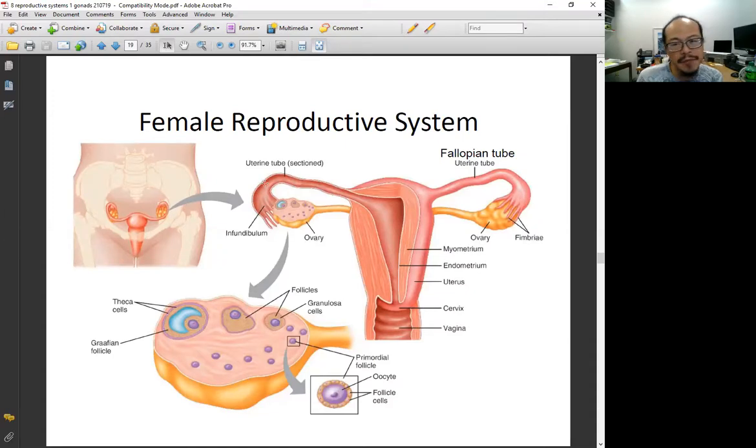And here it will meet the sperm. If there's no sperm, then there will be no implantation, then there will be menstruation, roughly monthly bleeding. If there is a sperm to meet with the oocyte, then it will complete the fertilization, then cause the implantation, and the embryo will develop inside of this uterus.